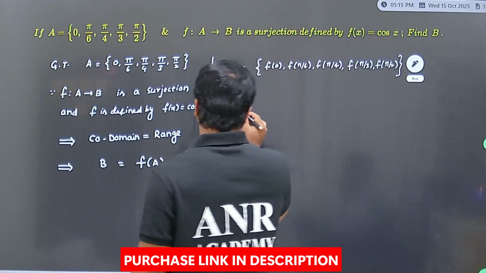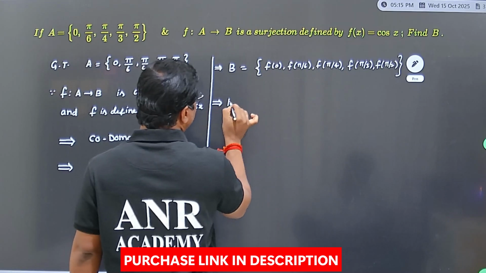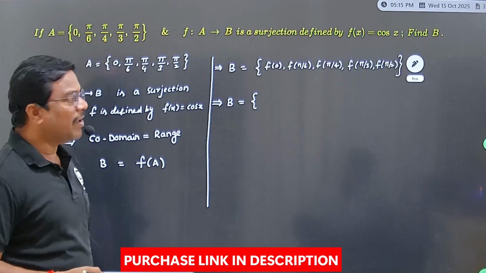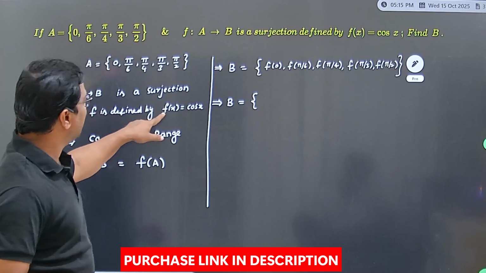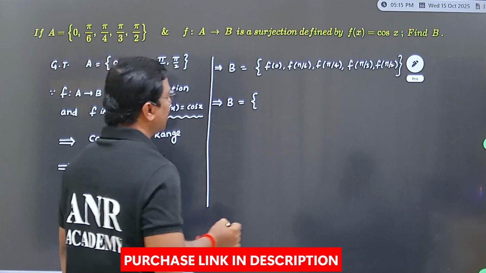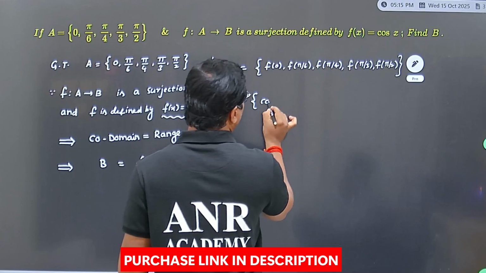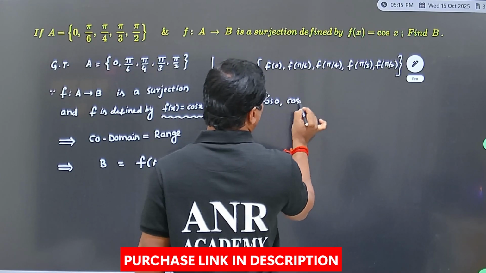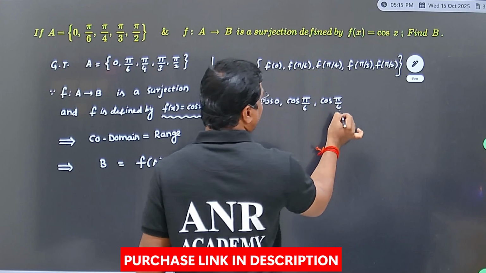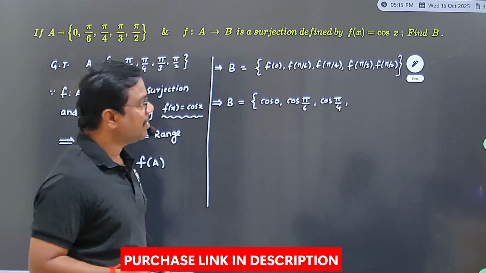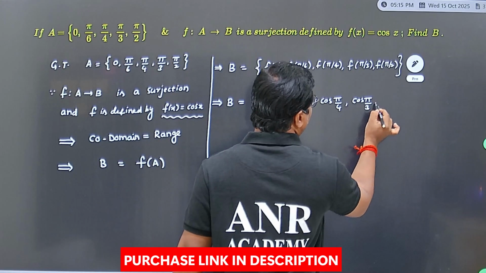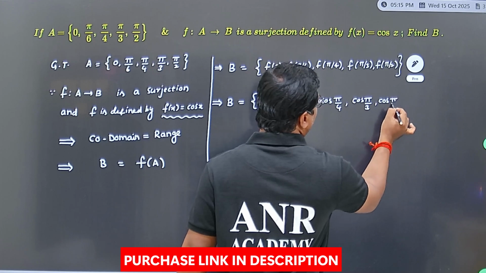It implies B is written as first f of 0. Here the function f of x is clearly cos x, so f of 0 is written as cos 0. Next cos of pi by 6 and then cos of pi by 4, and after that cos pi by 3, finally cos pi divided by 2.